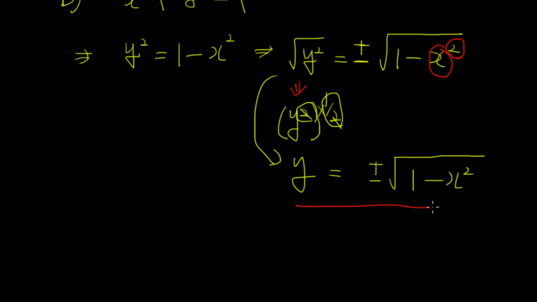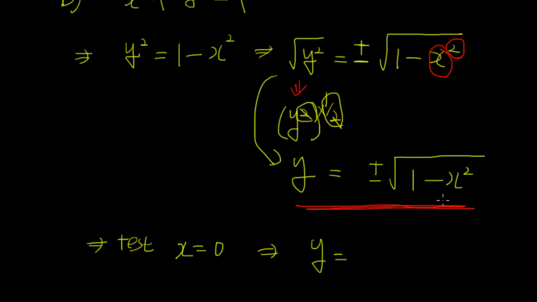So what is that supposed to mean right here? Well, for one particular x value, we will have a plus case and a minus case. For example, let's test, let x equal 0. If x equals 0, what's y going to be?